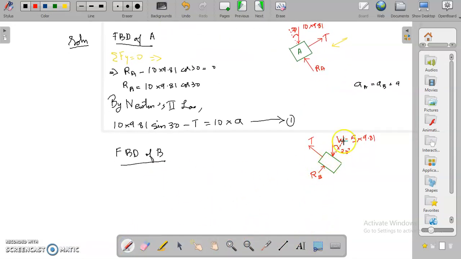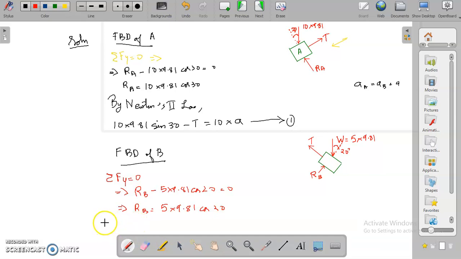Since there is no motion in the y direction, sigma Fy equal to 0 implies RB minus 5 into 9.81 cos 20 equal to 0, or RB equal to 5 into 9.81 cos 20.